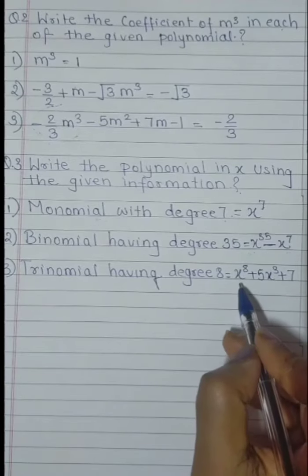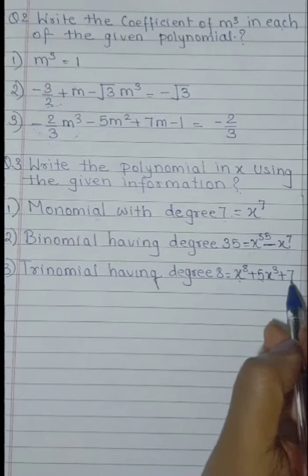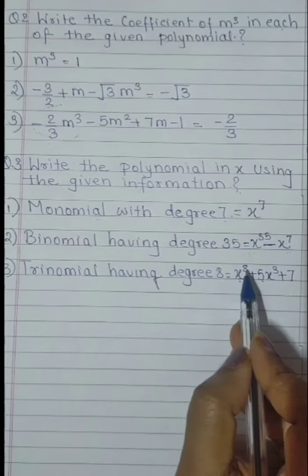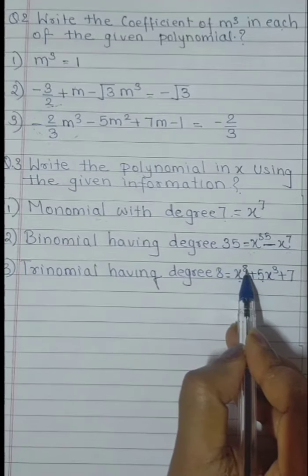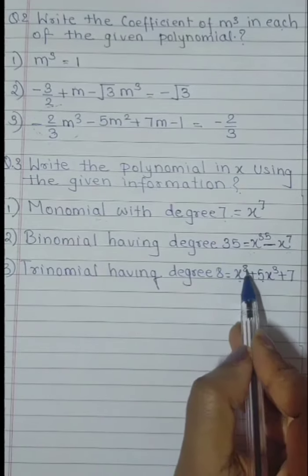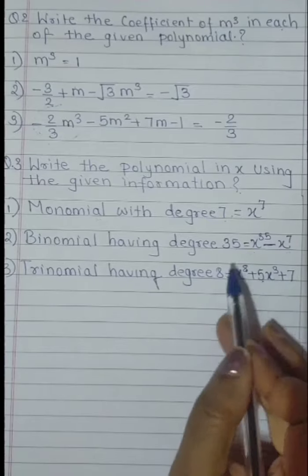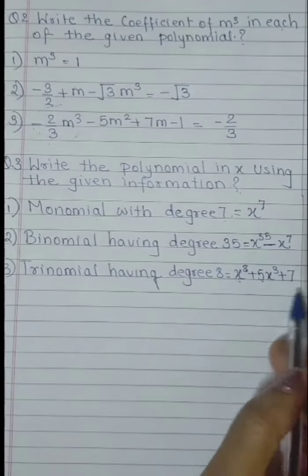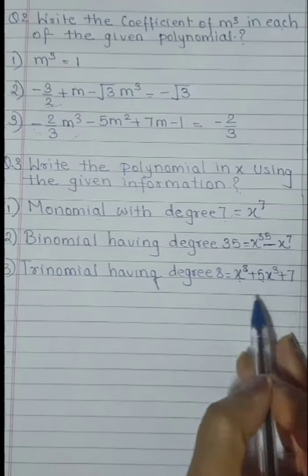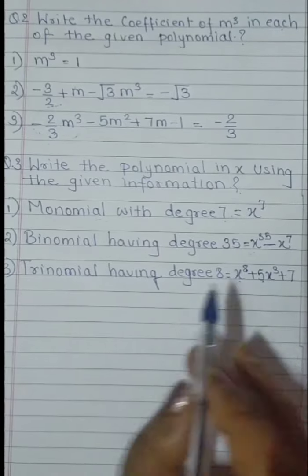Okay, and we have three terms 1, 2, 3 and with degree of 8. Okay, the degree is what? 8 here. So the whole expression is called trinomial.